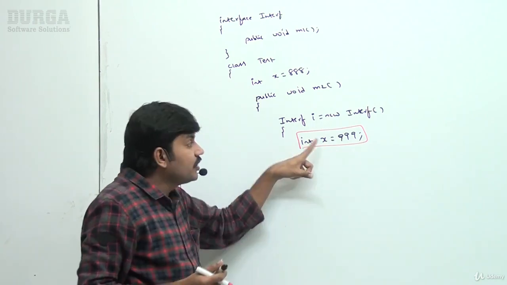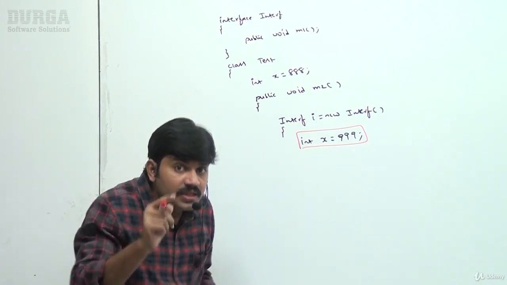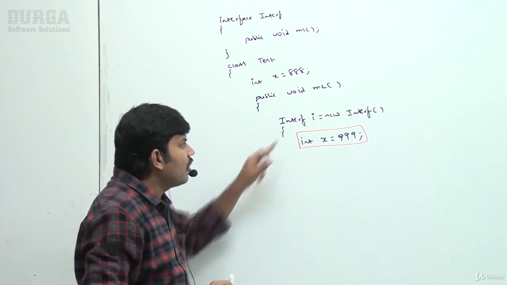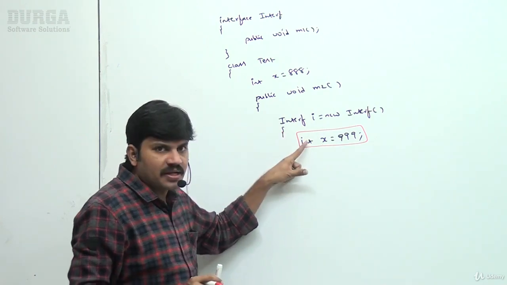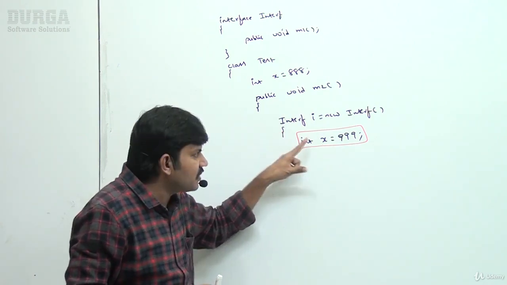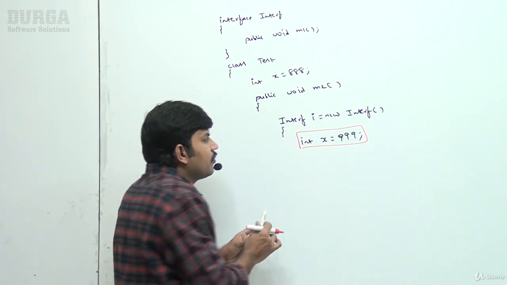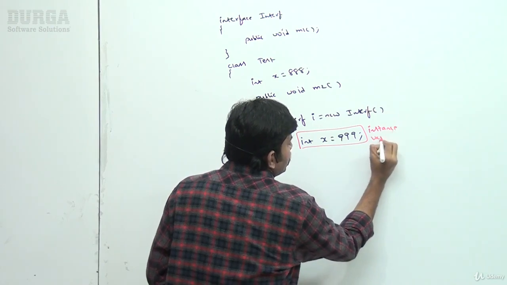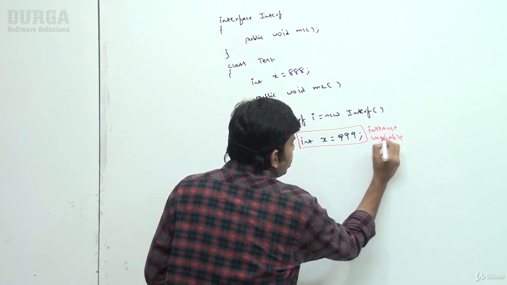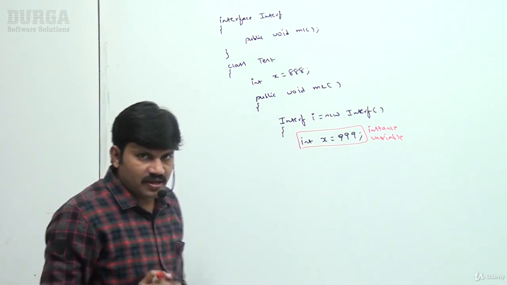This variable is called an instance variable of the anonymous inner class, because directly within the anonymous inner class I am declaring it.